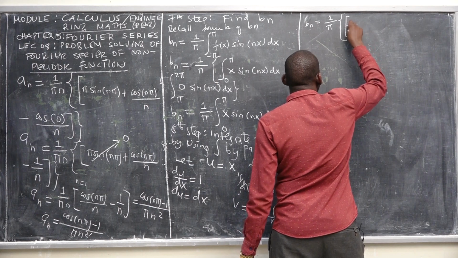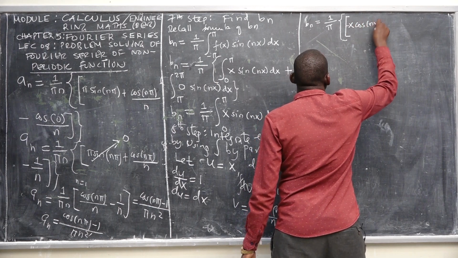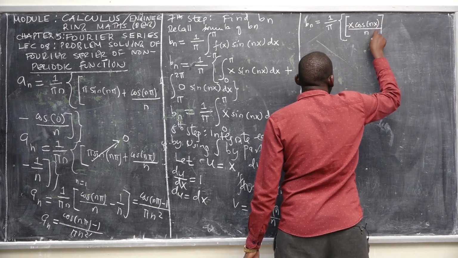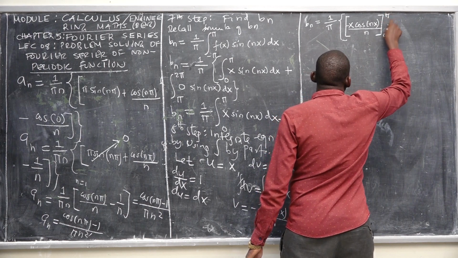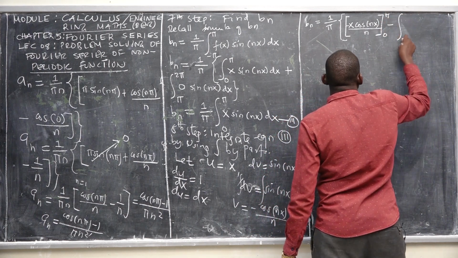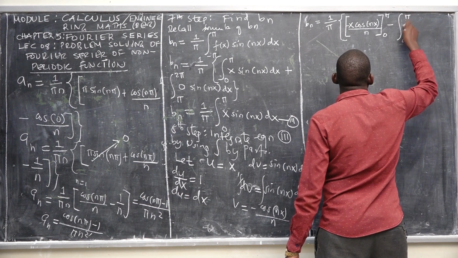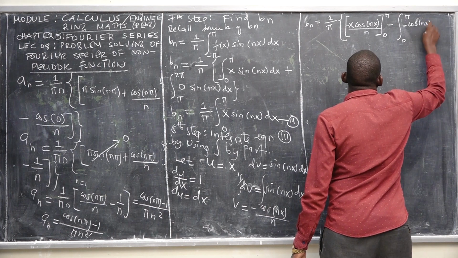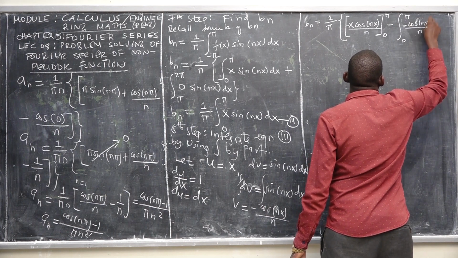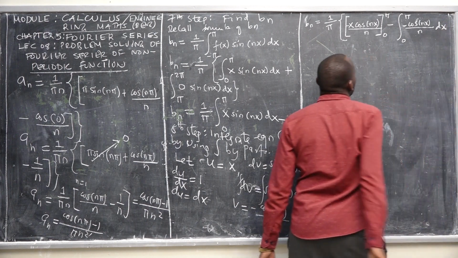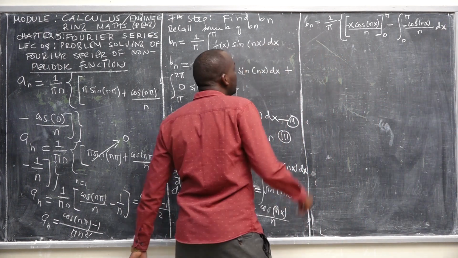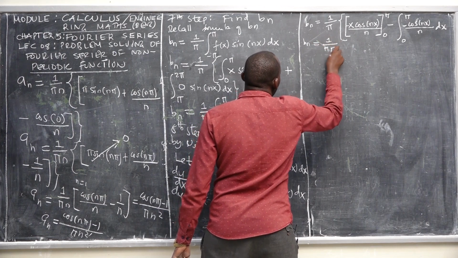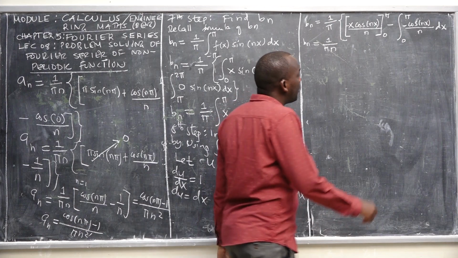What is v? Negative cosine of nx over n, from 0 to pi, minus the integral from 0 to pi of v du. Then Bn is equal to 1 over pi. Take n out of the bracket. So you have to close.